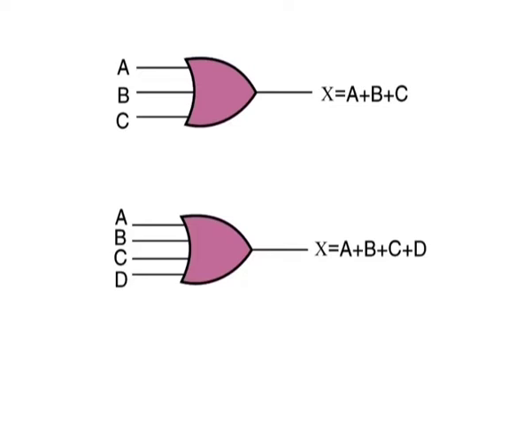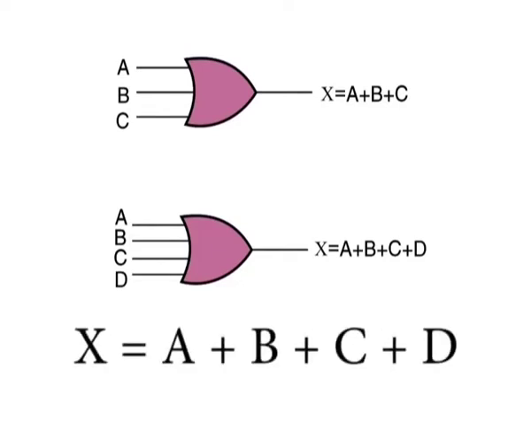For instance, the function of a three input OR gate can be expressed as X = A + B + C. The expression for a four input OR gate can be written as X = A + B + C + D and so on.